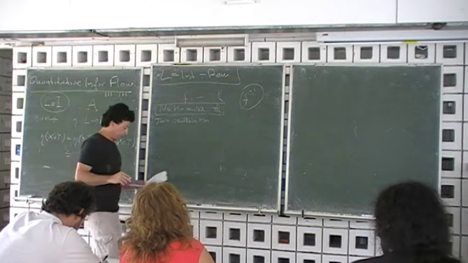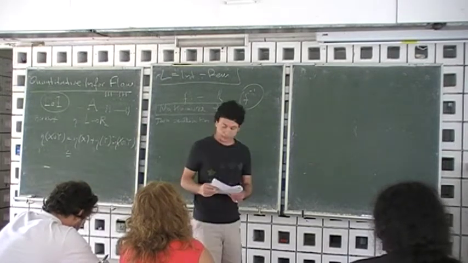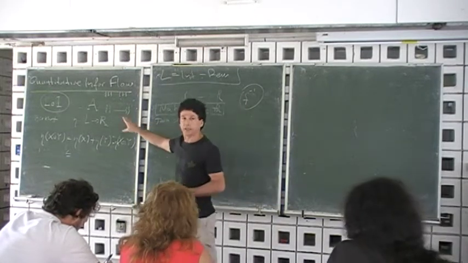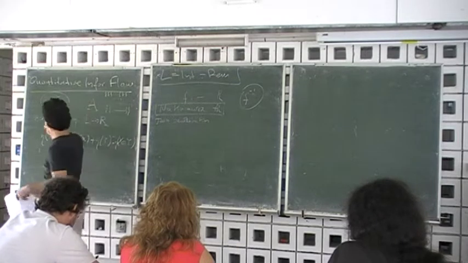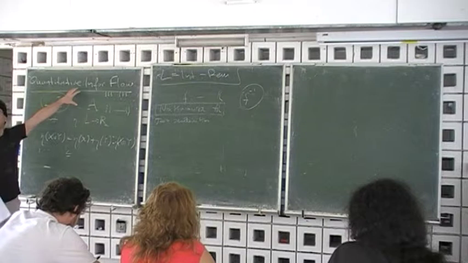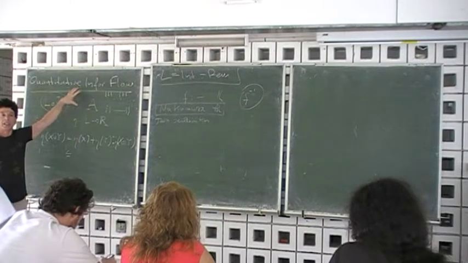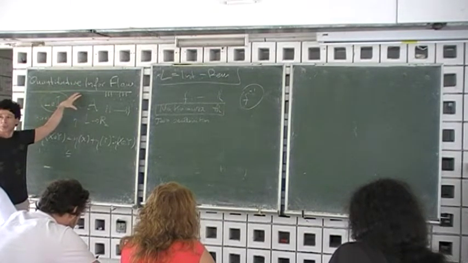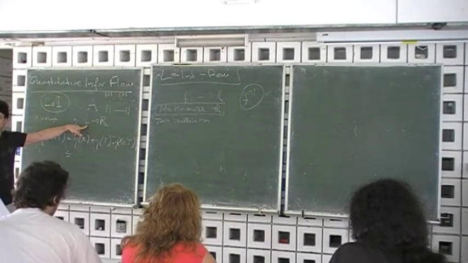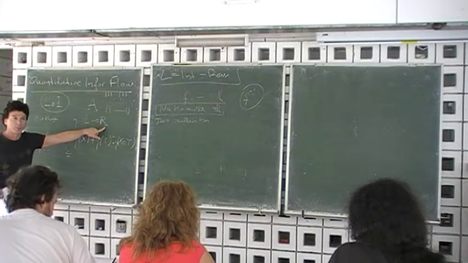So now, if you take the entropy map, if you take this as a lattice of random variables, then you can take the entropy of a random variable. So you get a map that takes an element of the lattice of partitions and gives you a real number.